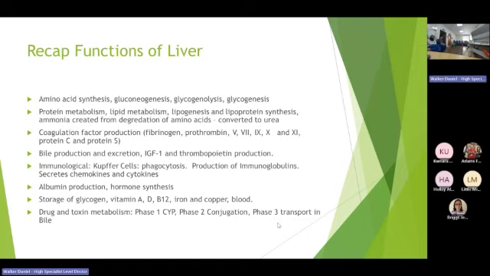I'm not going to go through all of those, but things like thrombopoietin production, hence why platelets don't work well, and also those coagulation factors. Note that protein C and protein S are anticoagulant factors, which is why the coagulation tests in the lab are not always reflective of the actual coagulation the patient is experiencing. Storage of glycogen and gluconeogenesis explain why in acute liver failure you can get low glucose.